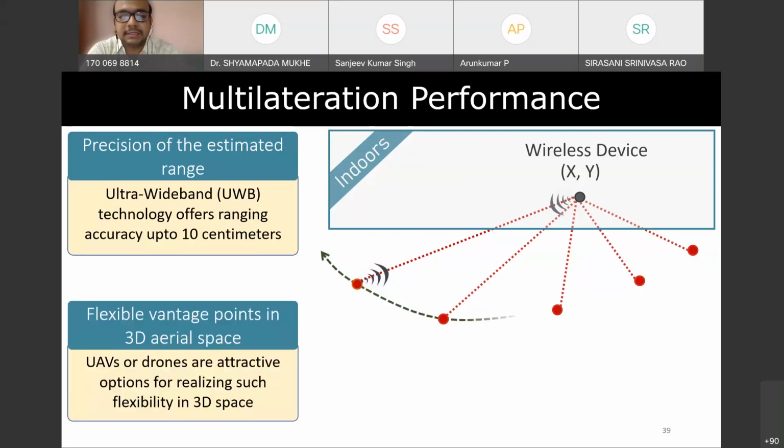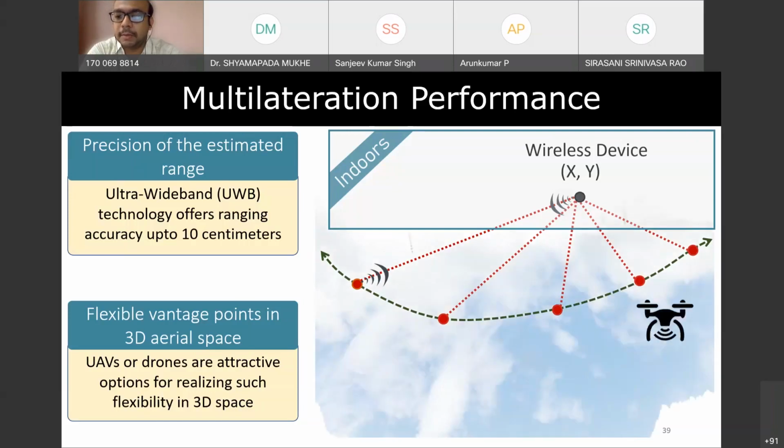And the other thing is we need flexible vantage points in the 3D aerial space. So these are the probing locations. The red points are probing locations that we have shown using X1, Y1, X2, Y2, and X3, Y3 in the previous example. So here, if we use drones, they are an attractive way to cover the spatial vantage points. In the 3D space, we can move the drone across these points, and that can give you a good enough number of probing locations.